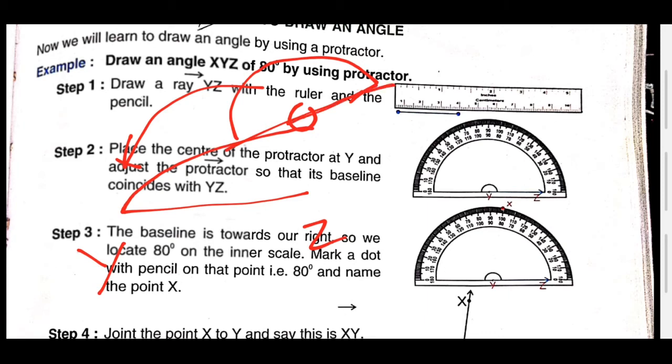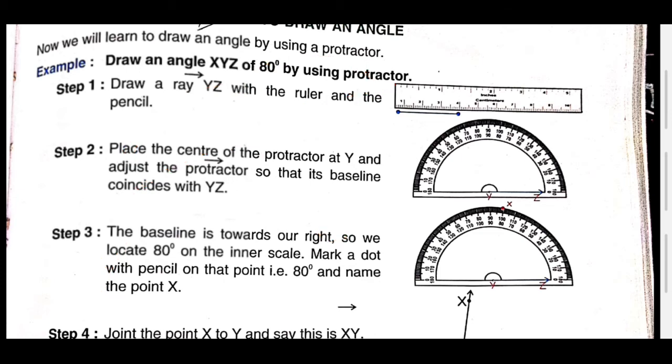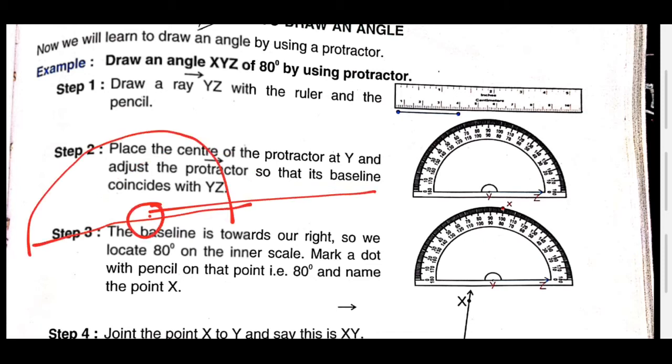Coincide means they superimpose on one another, they pass along the same line. So first you draw YZ, and you put the protractor like that, so the center point is here and the baseline passes along YZ.